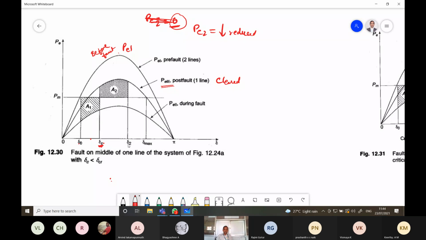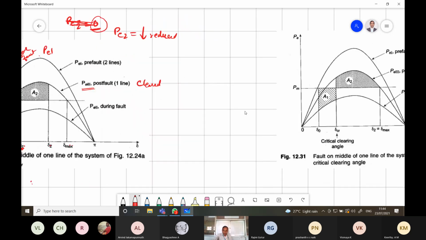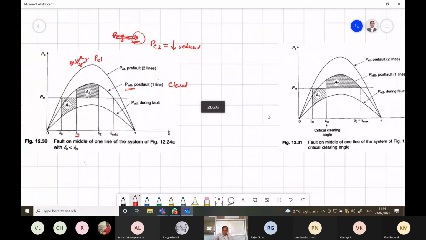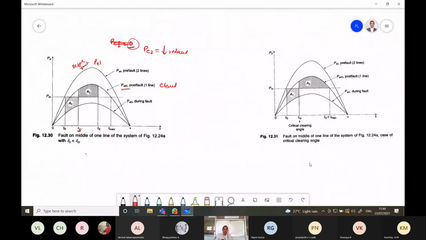If delta C increases up to delta 2, and delta 2 is more than delta max, or delta 2 is equal to delta max, that diagram is shown in figure 2. Here the only change in both figures is that delta 2 is extended to this point. Therefore your A2 becomes large, so area A2 is large compared to area A1.